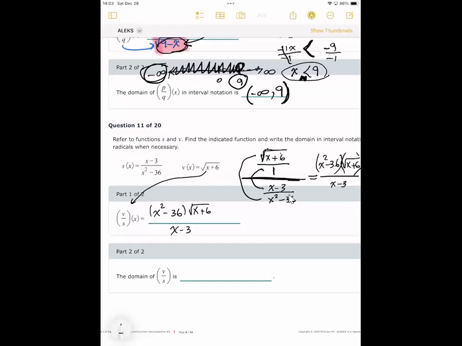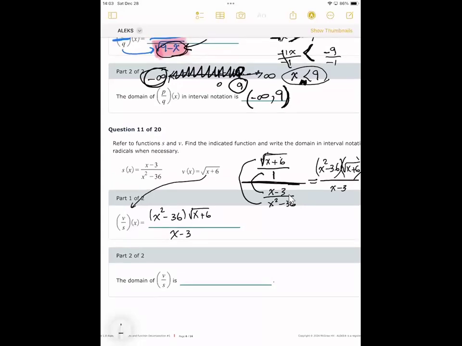This is find the domain. So to find the domain for this problem, you have to find what makes this function undefined. And it's just a little bit involved.